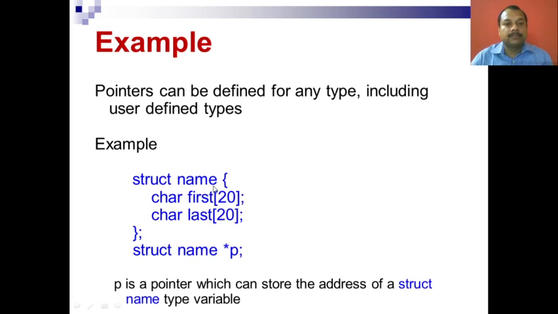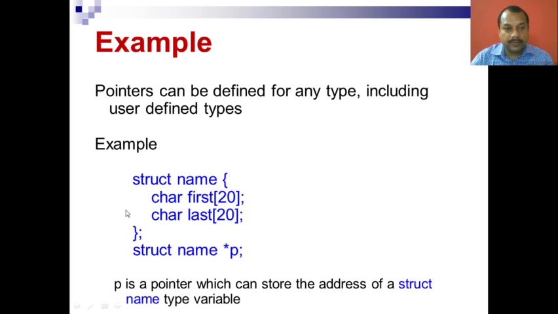So from here you can guess and infer that it will store the name of some person. And then I am declaring one pointer variable for the structure, in a similar way. So the data type is struct name, if I use typedef then only that name will come, otherwise struct name is my data type, and *p. Then p will store the address of a variable whose data type is struct name.